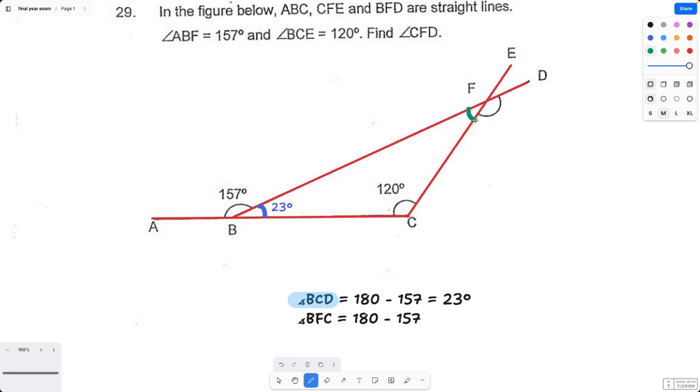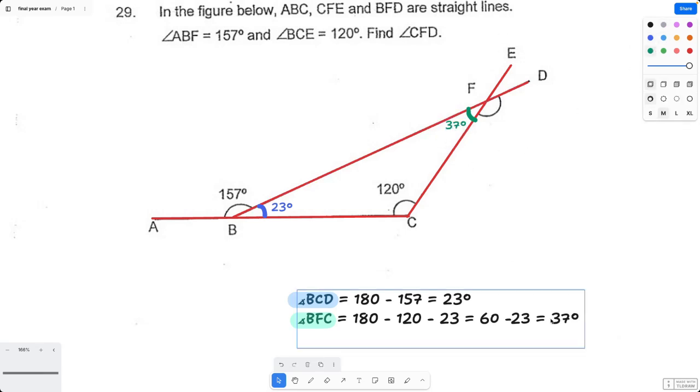It is 180 minus 120 minus 23, because we want to subtract within the triangle, which is basically 60 minus 23, which is equal to 37 degrees. So BFC is 37 degrees. I'm going to put 37 degrees here in green.